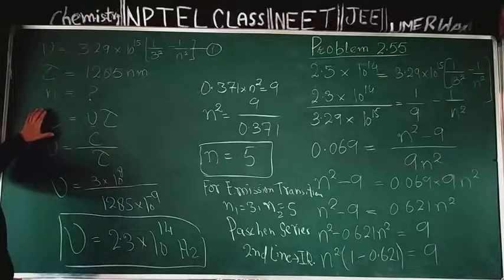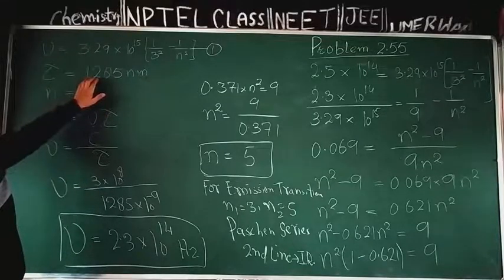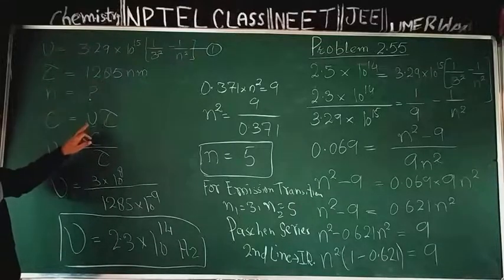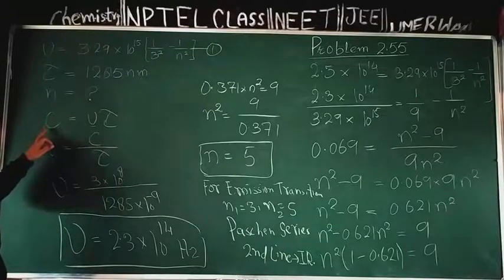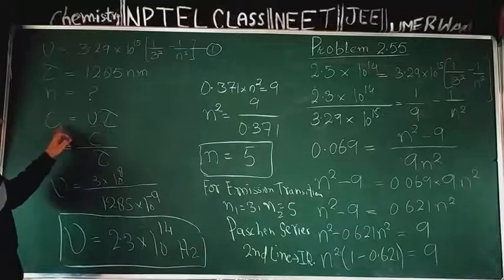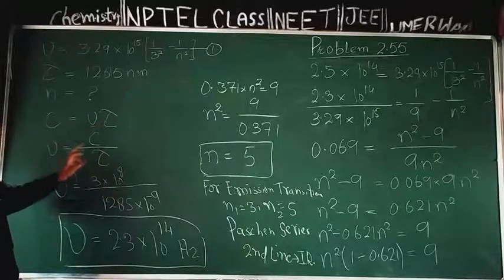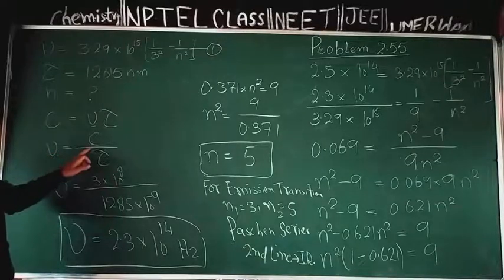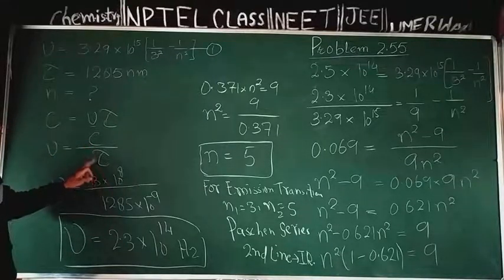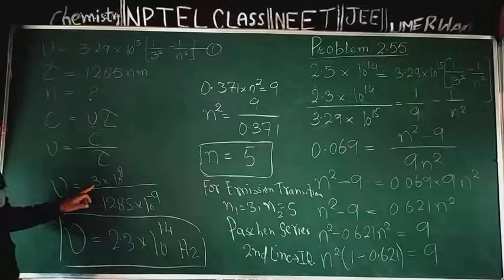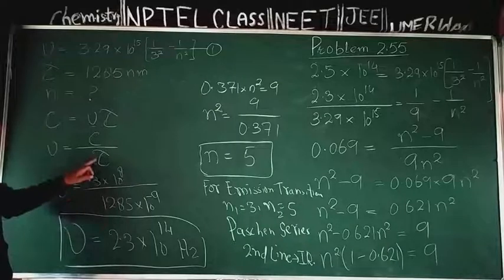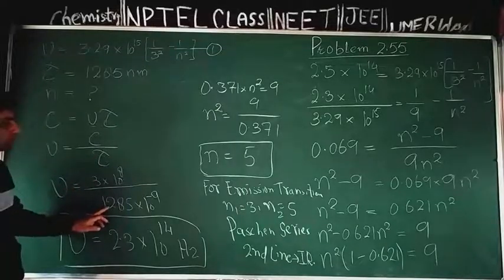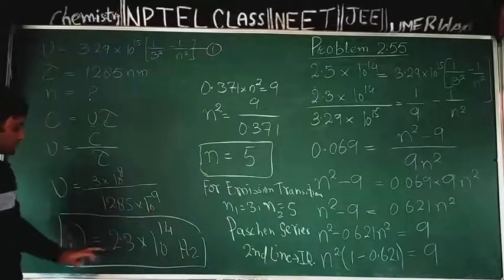Idea is that I will express this given value of wavelength in frequency. For that I will use this equation, that velocity of electromagnetic radiation is equal to product of frequency and wavelength. From here I will get frequency is the ratio of velocity of electromagnetic radiation and wavelength. Velocity is constant 3 into 10 to the power 8 meter per second. Wavelength was given 1285 nanometer, I expressed it in terms of meters.